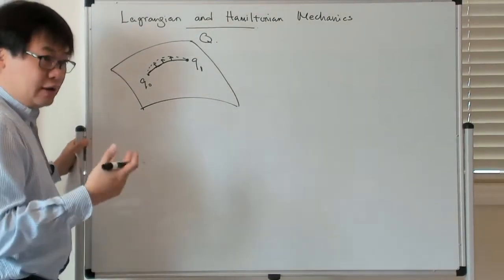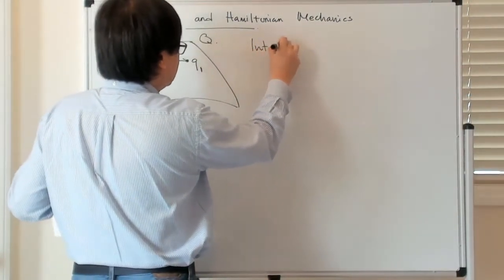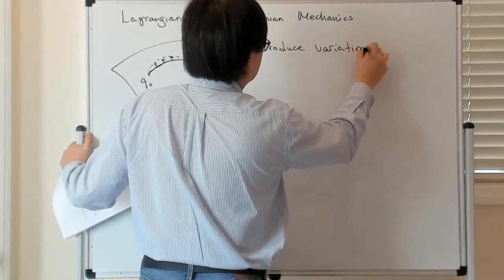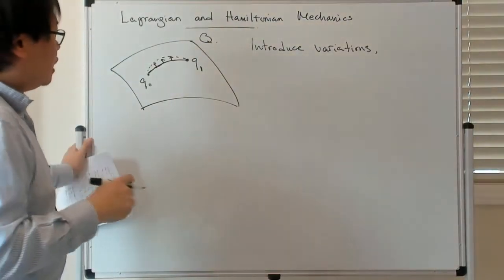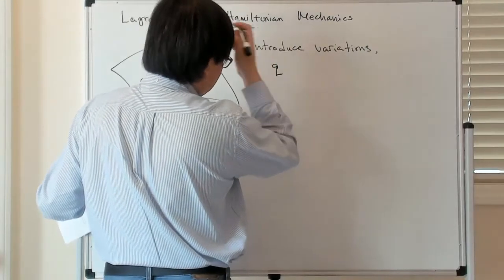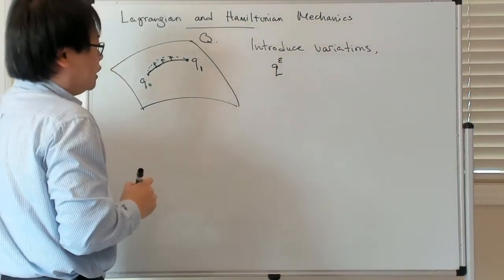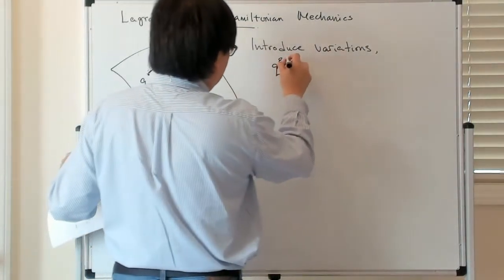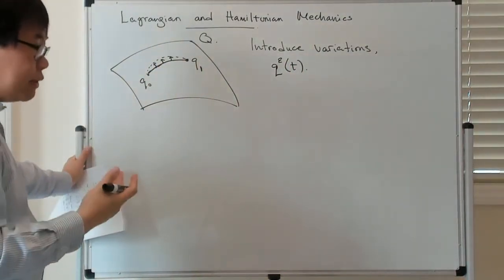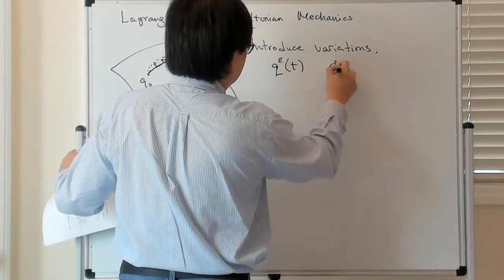So what do we really mean by that? You introduce what are called variations. Variations are a one-parameter family of curves. So you have q epsilon, where epsilon is this parameter, and then you have something which depends on time.